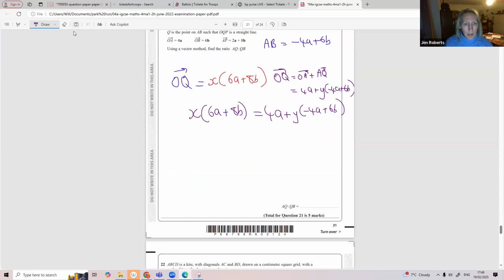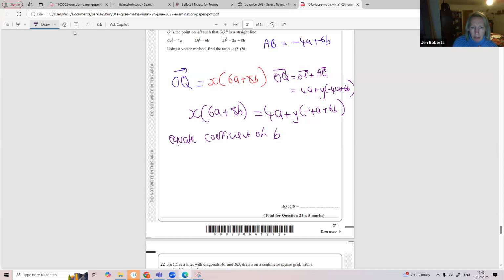Now I'm going to do something called equating coefficients. I think we'll start with B. Right, so what's got a B with it? If I expanded these brackets, I'd have 6AX plus 8BX, wouldn't I?